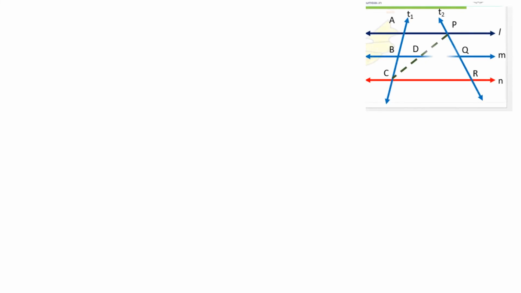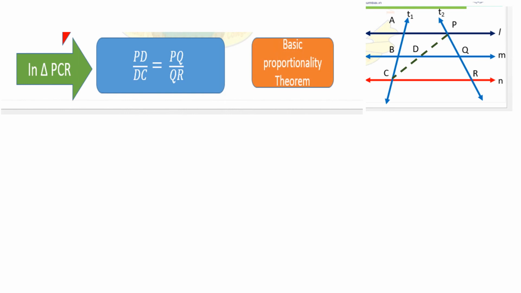Yes, let us start again from the start. This is your diagram where we have drawn segment PC as construction, and in triangle PCR we got PD upon DC equals PQ upon QR by using the basic proportionality theorem. In the same way, there is one more triangle where we'll be using the basic proportionality theorem, and that triangle is ACP.